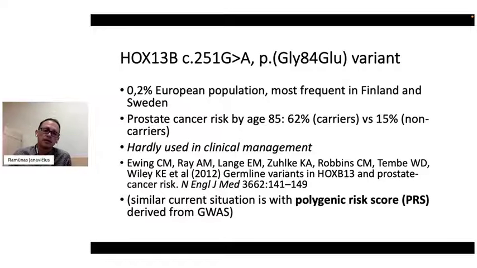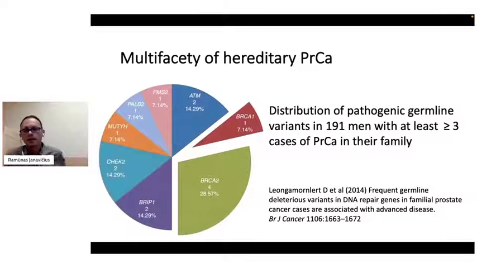However, this variant is hardly used in clinical management of this disease, except for risk evaluation. And actually, as I mentioned previously, the current situation is the same with polygenic risk scores. However, the situation might change in the following years, because a lot of studies are ongoing on translating this information to clinical practice.